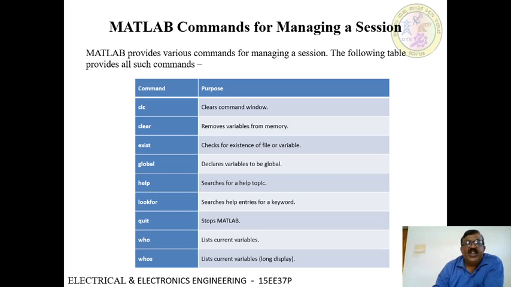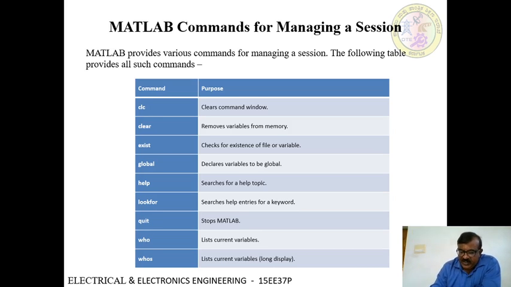It will give a number to identify the file type or variable type. If you type exist space x and it returns 0, that means the typed name x does not exist in the program.